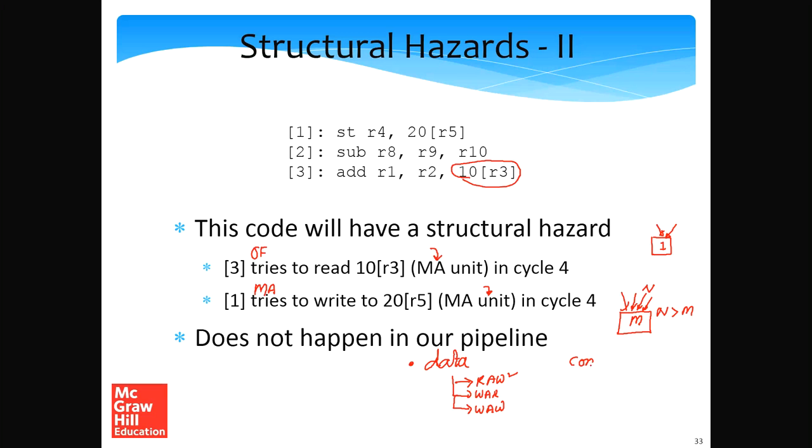Then we have control hazards, and control hazards can definitely happen in our pipeline. And we have structural hazards, which will not happen in our pipeline. So given that we now have an idea of what the hazards are, let's try to look for solutions to take care of RAW and control hazards. This will be part of the next lecture. So the current lecture will end at this point.